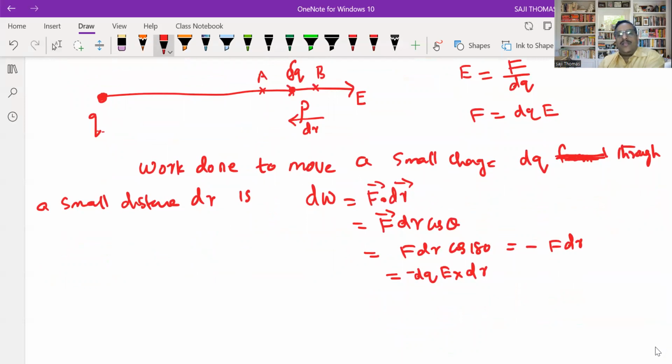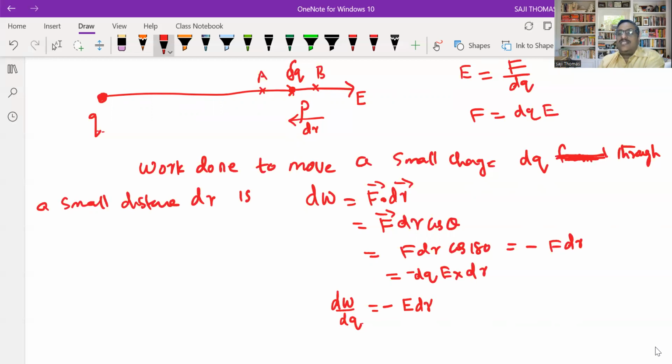Then you can rearrange this as dW by dq equals minus E dr. And you know, you learned work done per unit charge. dW by dq means work done per unit charge.